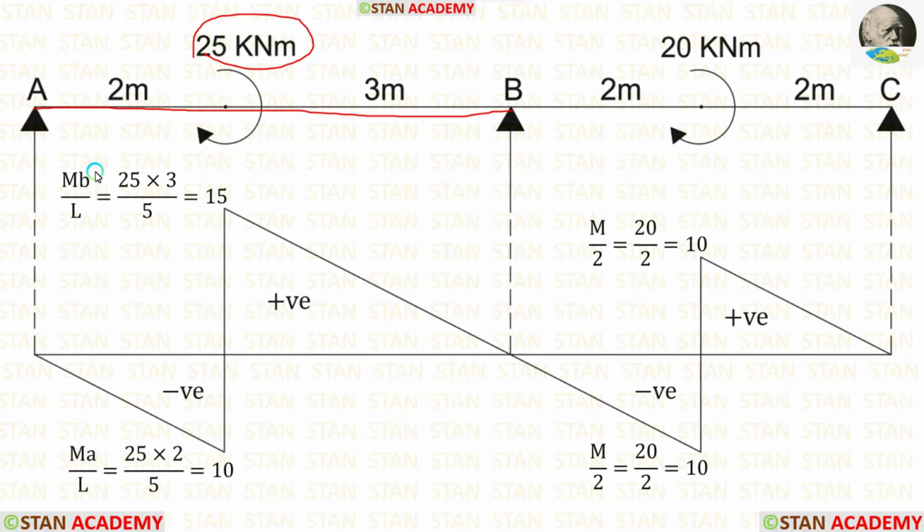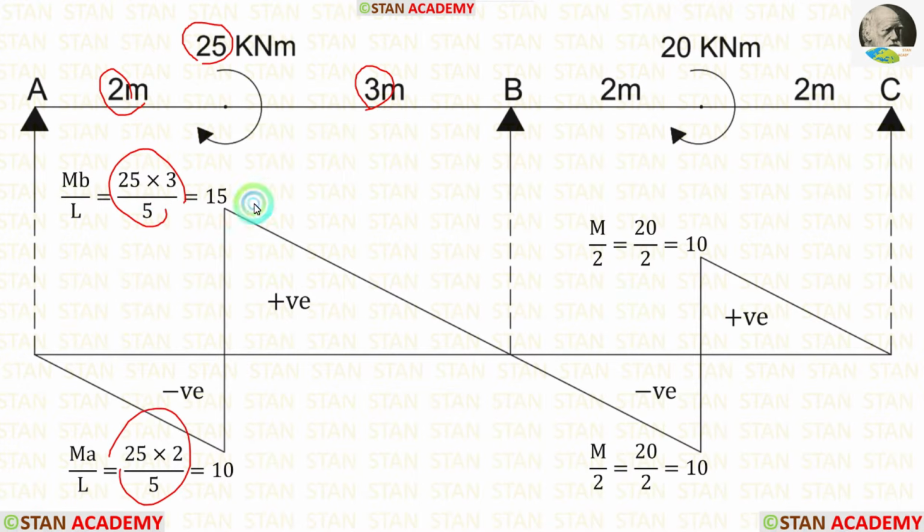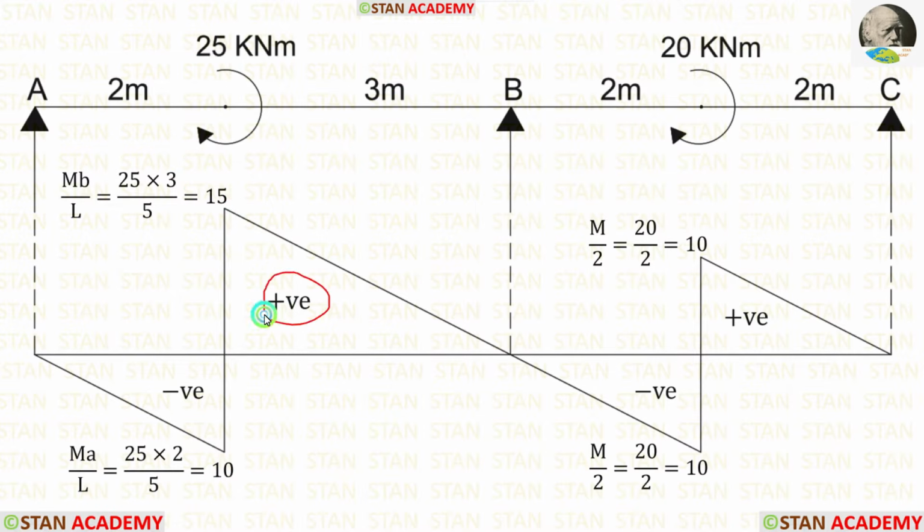The formulas to calculate the ordinates are MB upon L and MA upon L. Here M is 25, A is 2, B is 3. When we apply the values inside the formula, we are getting 15 and 10. On the right side, it will be positive, and on the left side, it will be negative.